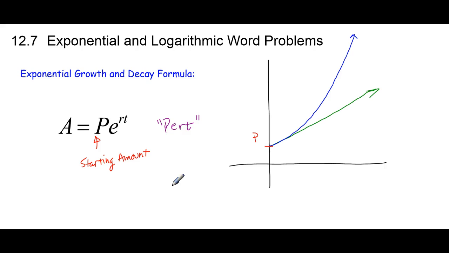You could be talking about some sort of abstract measurement of technology, like how fast are our computers or how much memory can my phone store. But you have some amount in a very, very general sense that you're starting with, and that's what P stands for. A is going to be the final amount at the end of whatever length of time you're talking about.